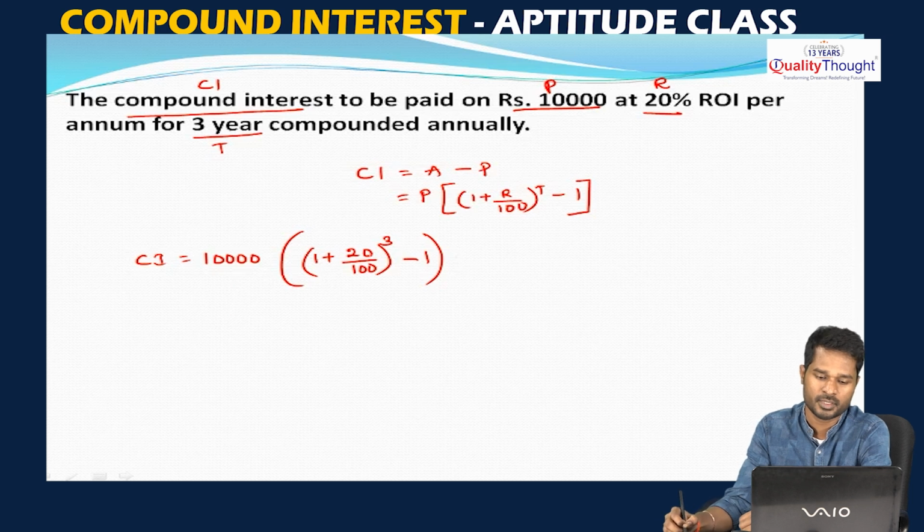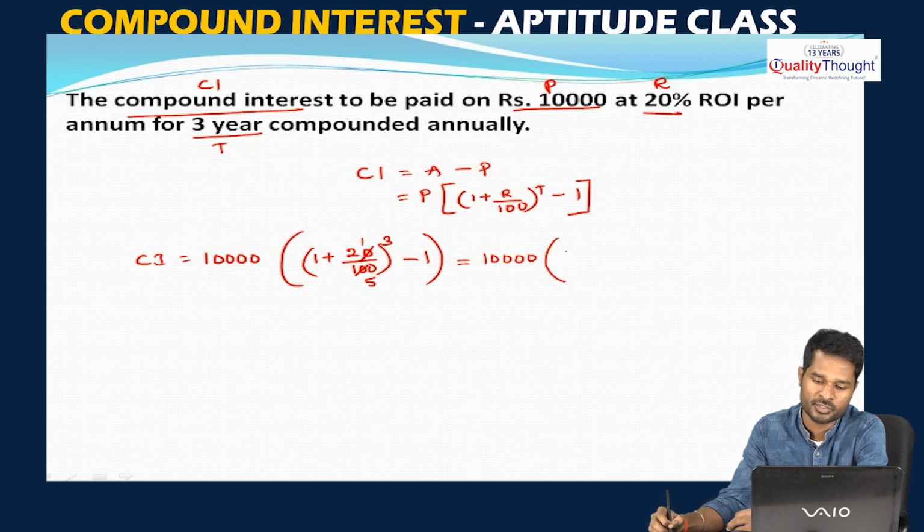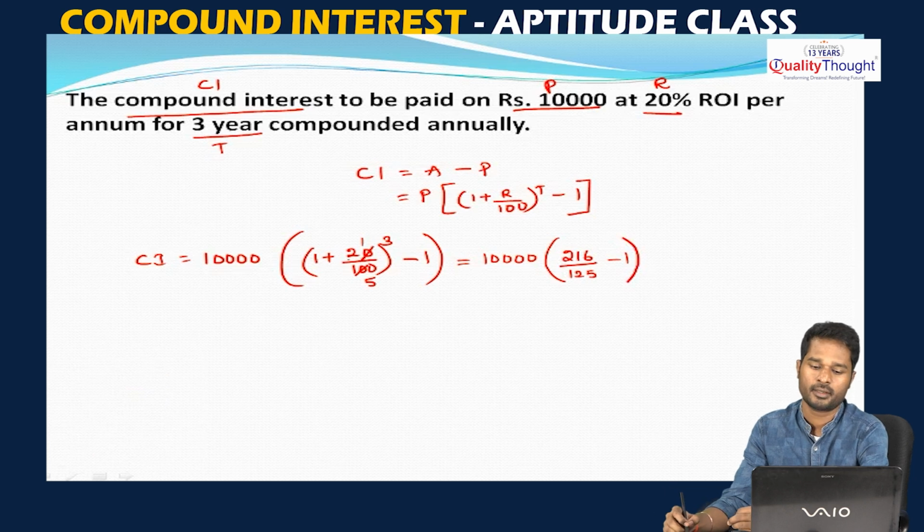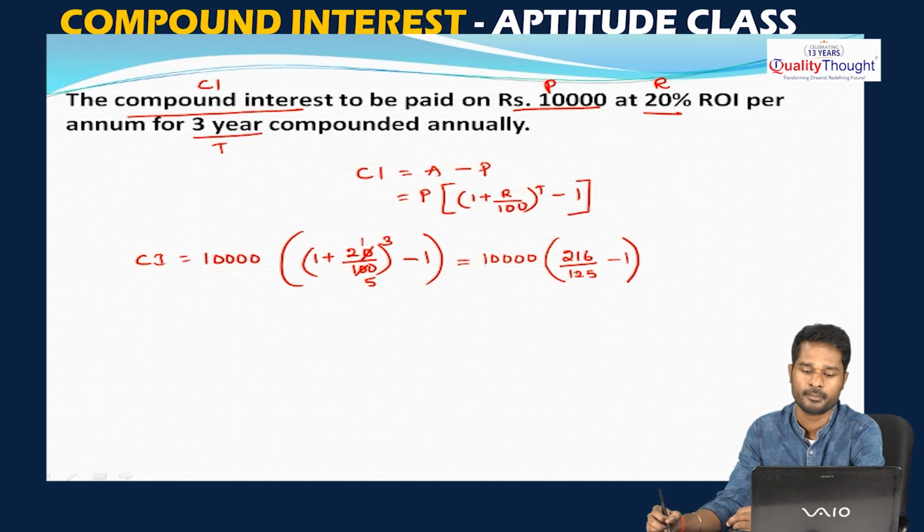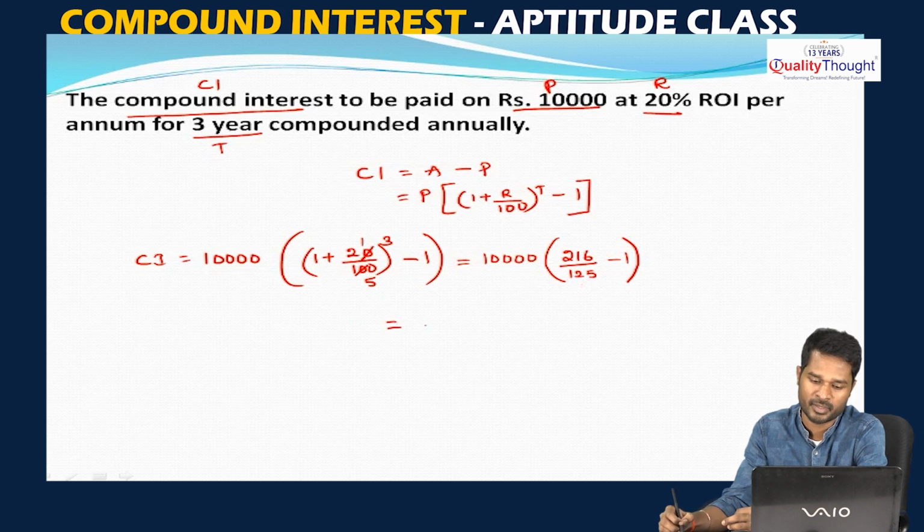Simplify this: 20 ones are 20, 5s are 100, so 1/5. So it equals 10,000 into ((5 plus 1)/5, which is 6/5, cubed, minus 1). 6 cubed is 216 by 5 cubed, that is 5 fives are 25, 5 twenty-fives are 125, minus 1. Now take the LCM inside, and this can be written as 10,000.